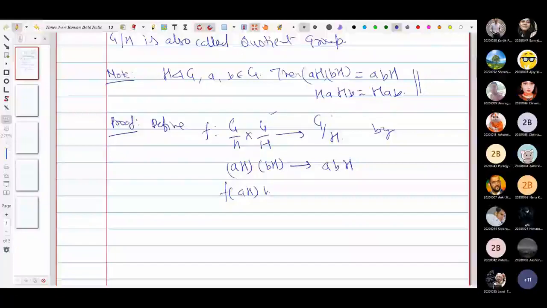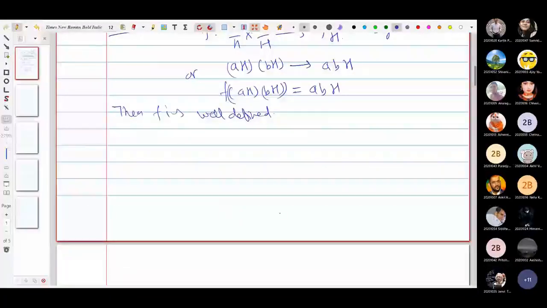How do we prove the given operation is well defined? Do you have any idea? There are two things: well definedness and one-oneness.